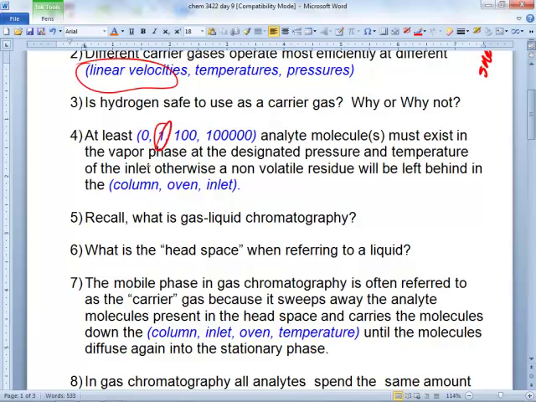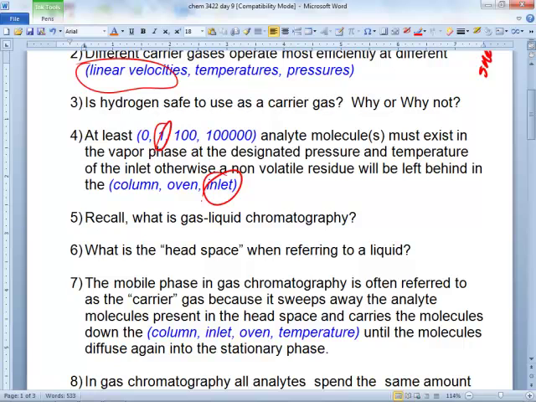Technically, all this is happening in the inlet. I guess the inlet kind of is in the oven, right? Loophole. This is all happening in the inlet. 99% of all your problems are happening in the inlet.